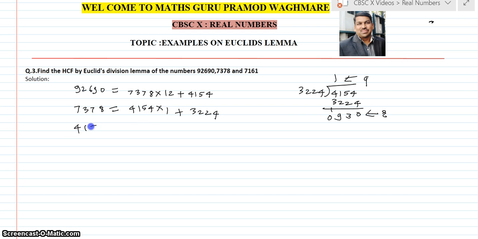Okay, so using Euclid's lemma, we can write 4154 equals, b is now 3224, so b into q is 1, plus r is 930. Again here the remainder is not 0, so we are not getting HCF here. So now we divide 3224 by 930 and then write it using Euclid's lemma.